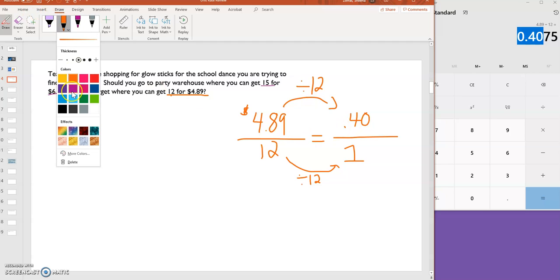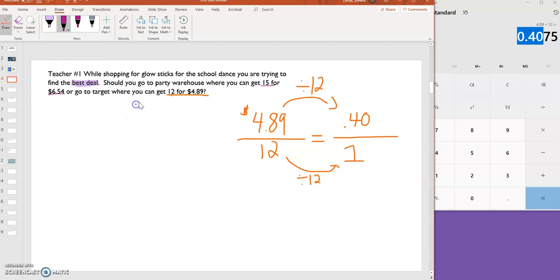Then I'm going to deal with the other price. It's important to keep these two separate because they're two different stores. So at our other store, we spend $6.54 for 15. And again, we're going to find out if we bought just one, how much it would cost.